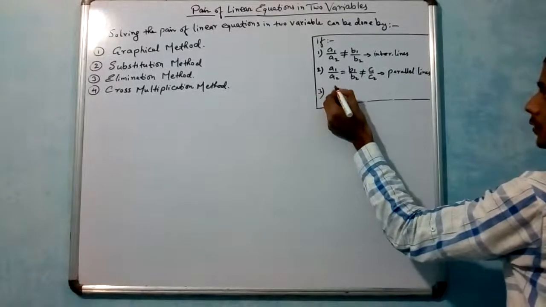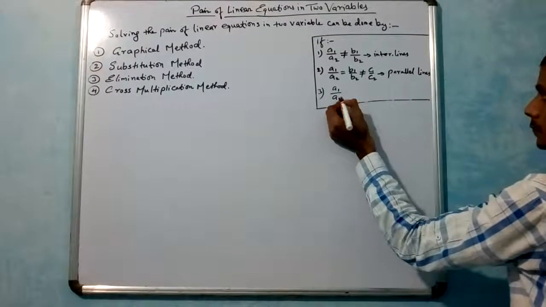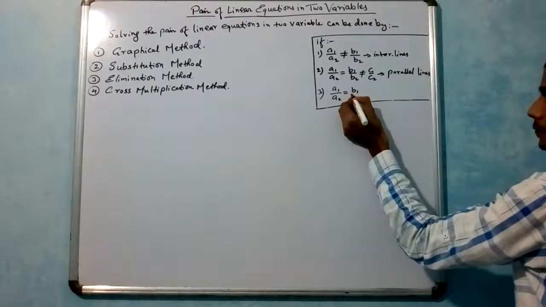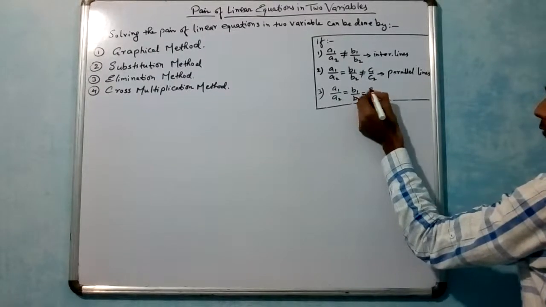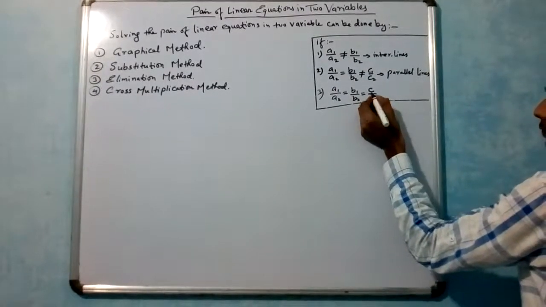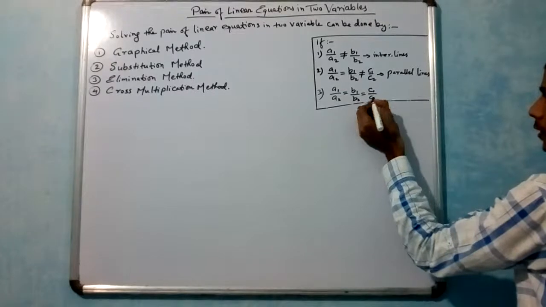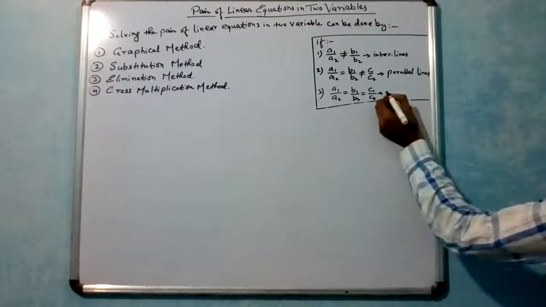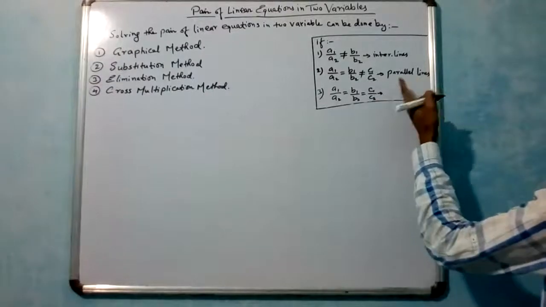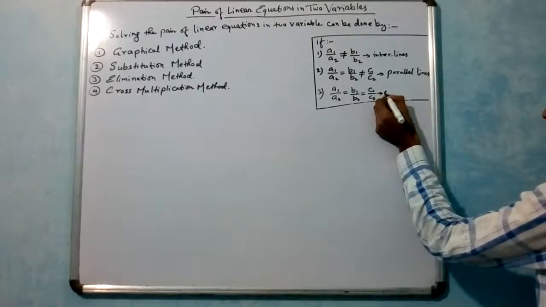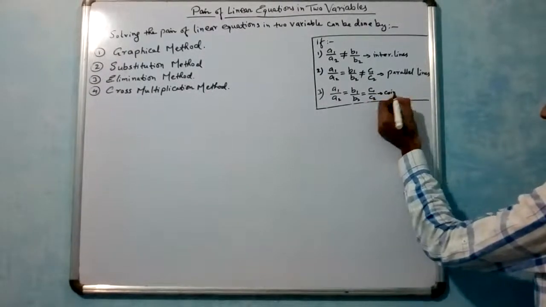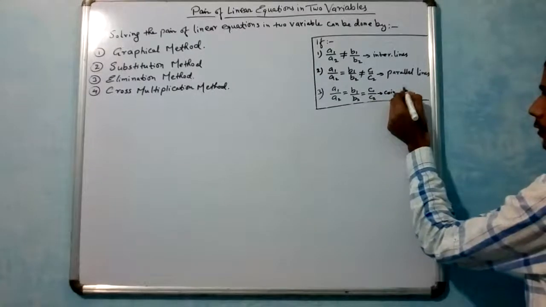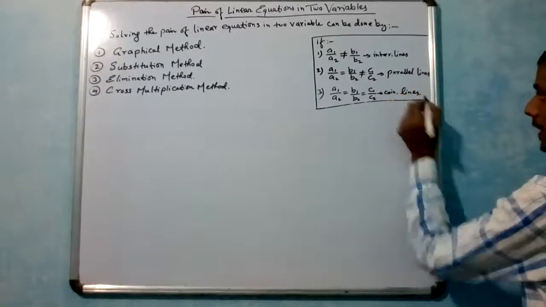Okay, and the third one, all equal, then coincident lines. No, parallel lines means no solution, coincident lines means infinitely many solutions. Isn't it?